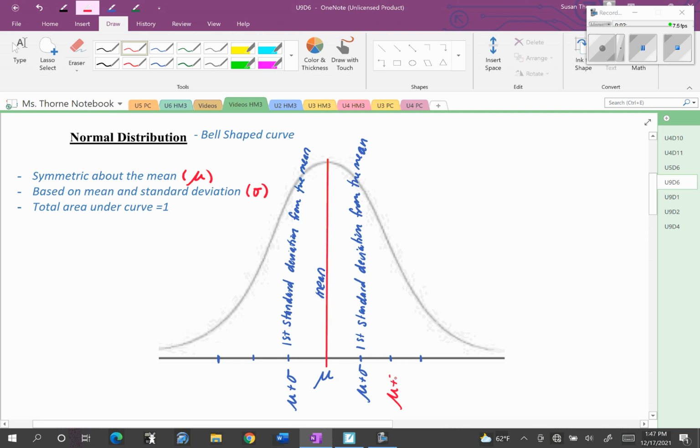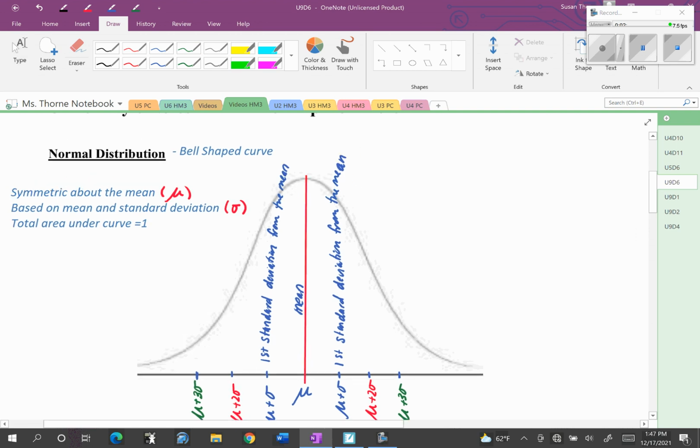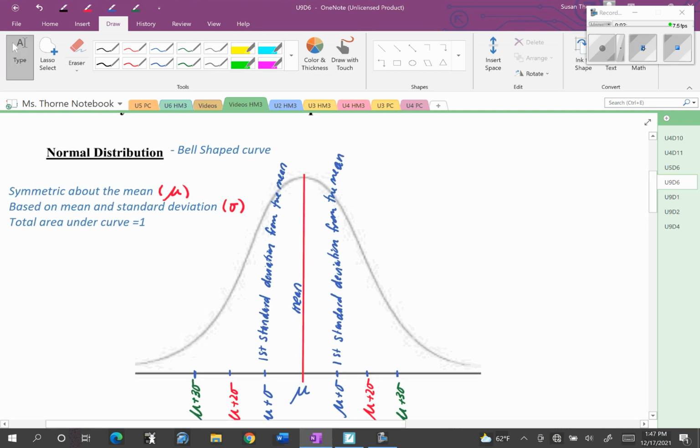So the mean plus 2 standard deviations. And then the last one would be 3 standard deviations from the mean. So the mean plus 3 standard deviations. So let's actually look at an example for this.